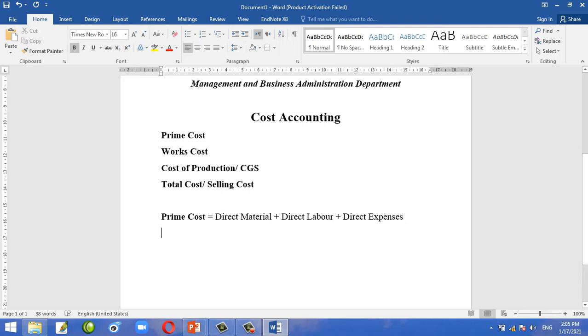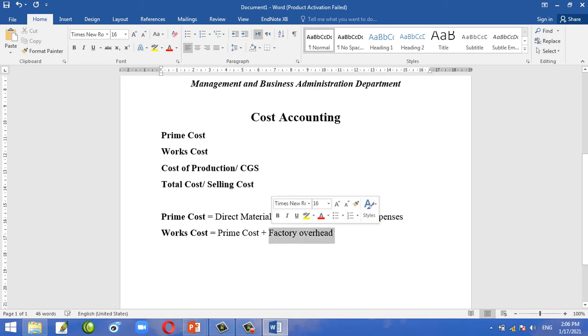So now come to works cost. How can we find the works cost? Works cost is equal to prime cost plus factory overhead.